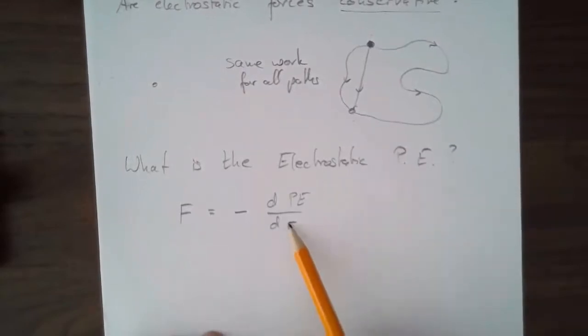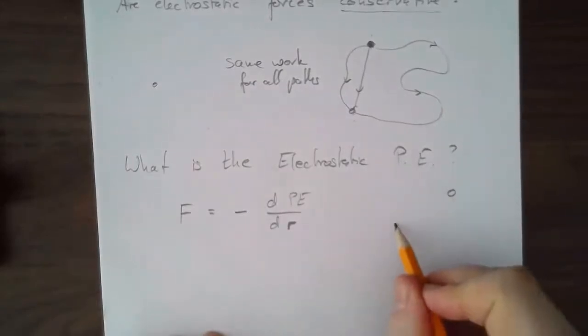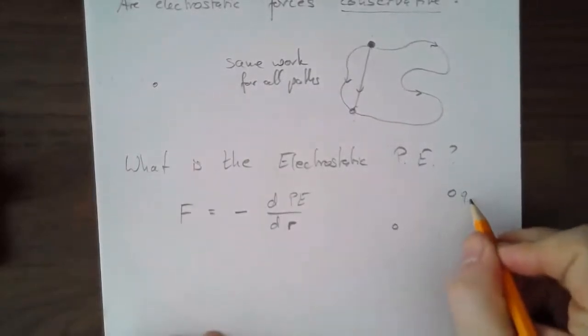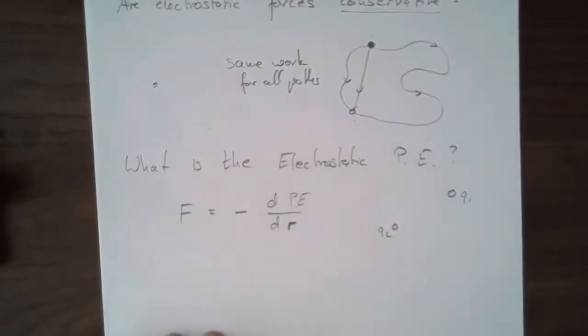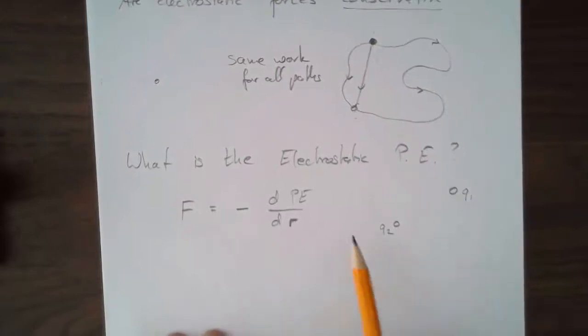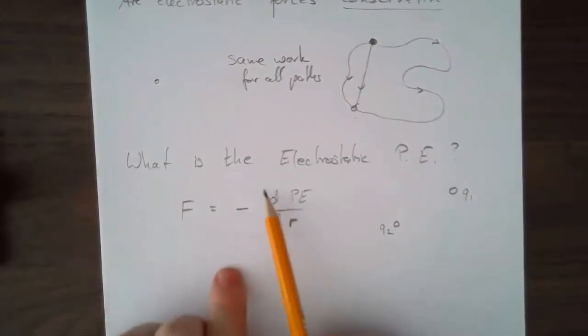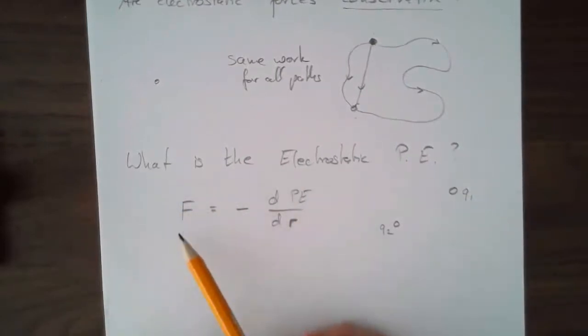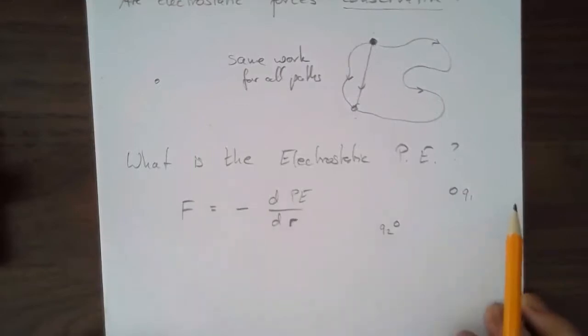So the distance between them is the configuration variable, the position, right? That's relevant. So here's my one particle, here's my other particle. Call this one Q1, this one Q2. Could be positive, could be negative. So hopefully that is somewhat familiar. Maybe you haven't used it very much.